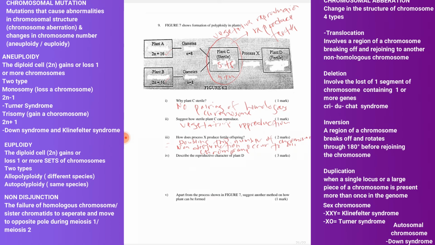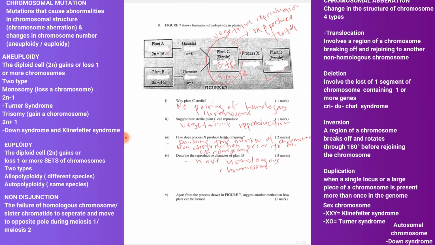Describe the reproductive character of plant D. Since plant D is fertile, it has homologous chromosomes.